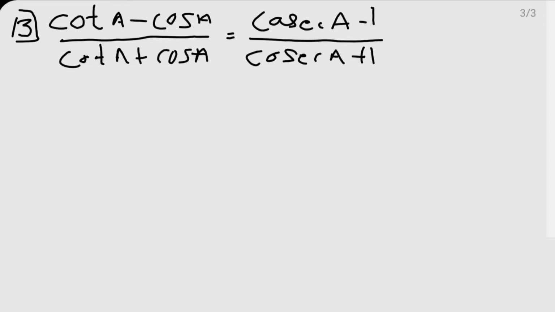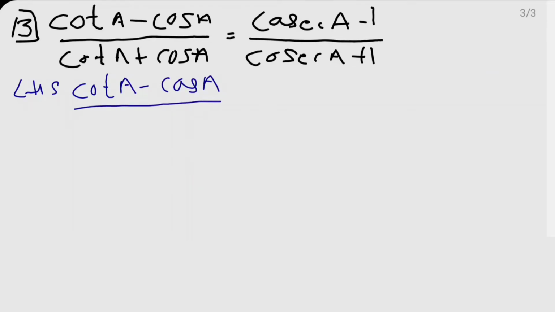So first write down here LHS. LHS is equal to (cot A minus cos A) divided by (cot A plus cos A).